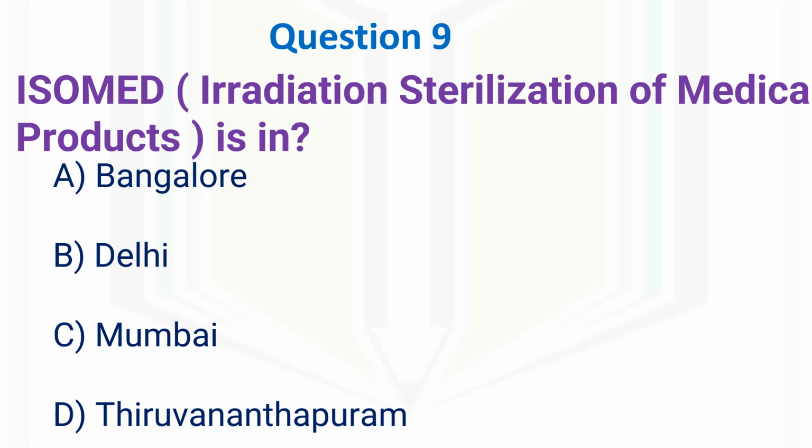Question number 9. ISOMT, which is the irradiation sterilization of medical products, is located in, options are Bangalore, Delhi, Mumbai and Thiruvananthapuram. Correct answer is option C, Mumbai.